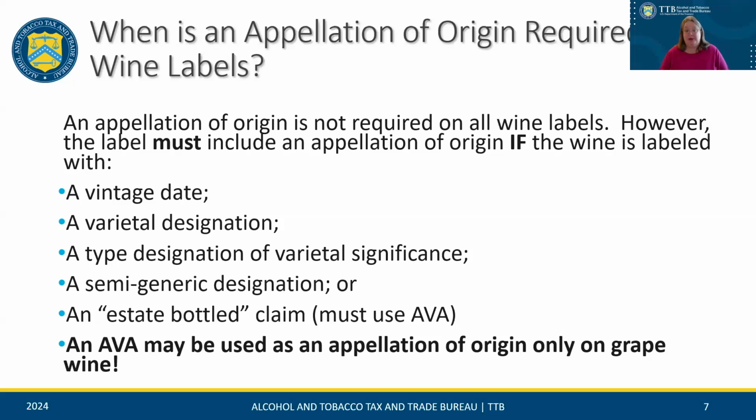If you make an estate bottled claim, you must use an AVA as an appellation of origin. And keep in mind that an AVA may be only used as an appellation of origin on grape wines. So if you're making cherry wines or cider or mead, sorry, you can't use an AVA label on your wine.